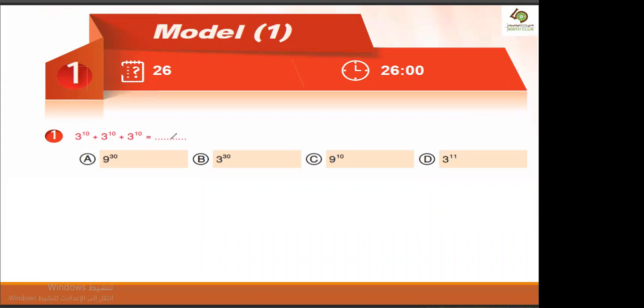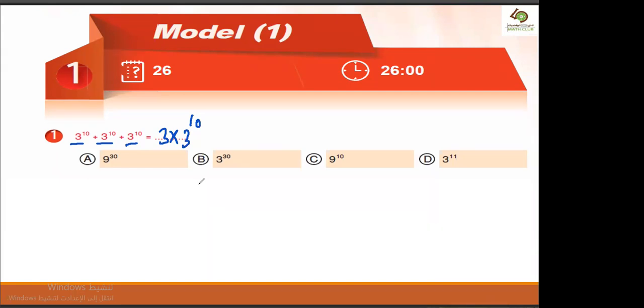How many 3 to the power 10 do I have? I have 3 times, so 3 times 3 to the power 10, like this.